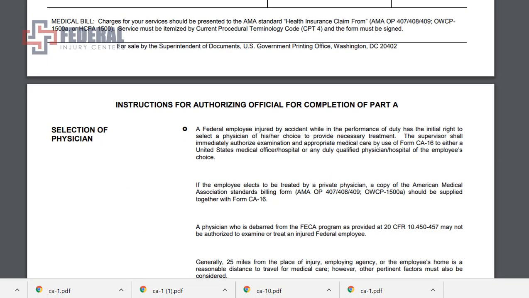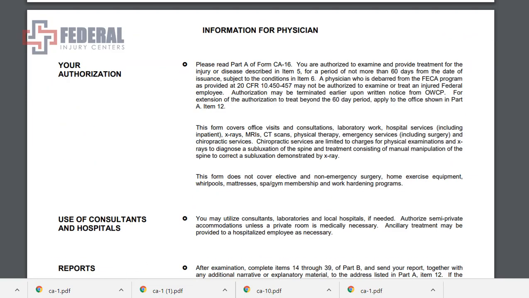So not only do you have the right to choose your own physician, you do not have to go to who they demand you to go to. Your initial choice can be made by you. You're welcome to go anywhere you want, and you can bring this form along. What does the CA-16 do? That we're going to find out in this section here.